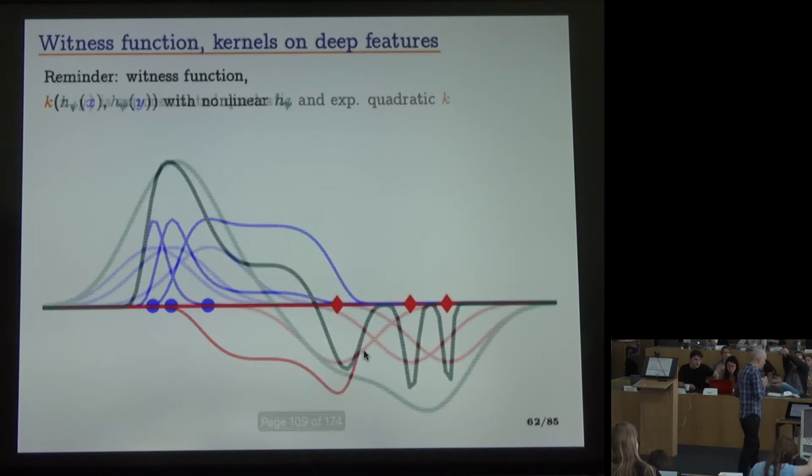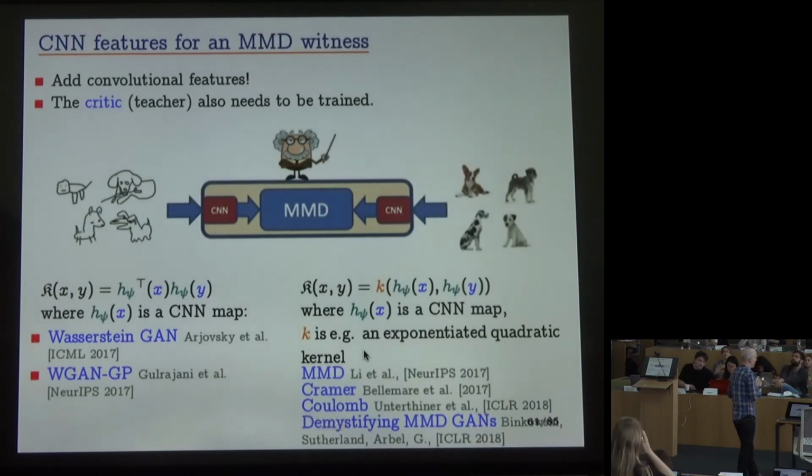Right, so absolutely we must learn the parameters of the CNN. Remember with a GAN, I have updates to my student and updates to my teacher. My updates to my teacher are learning these nonlinearities, in this convolutional neural net or whatever nonlinearity I choose. But this has to be learned.